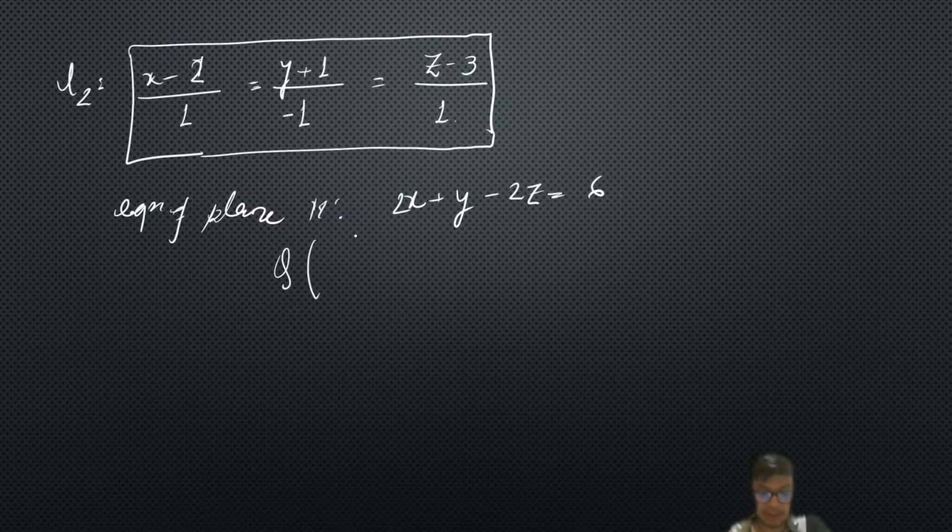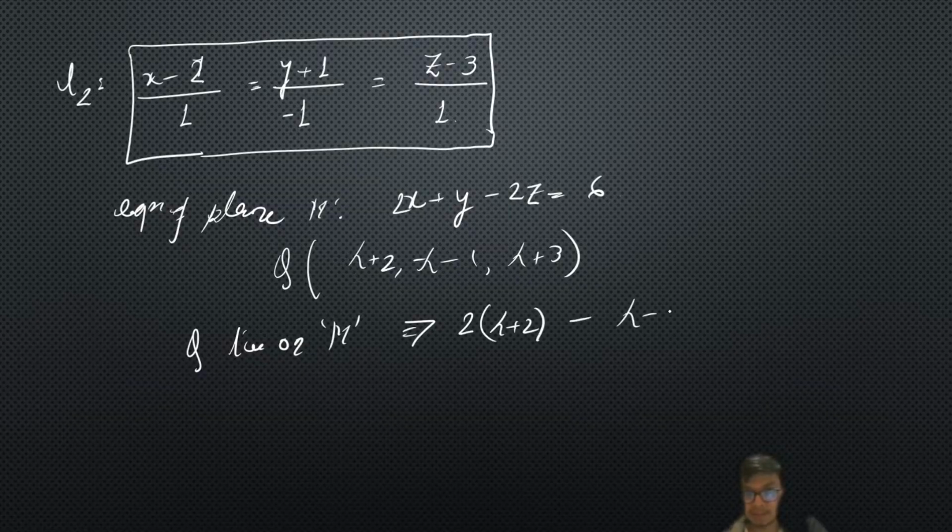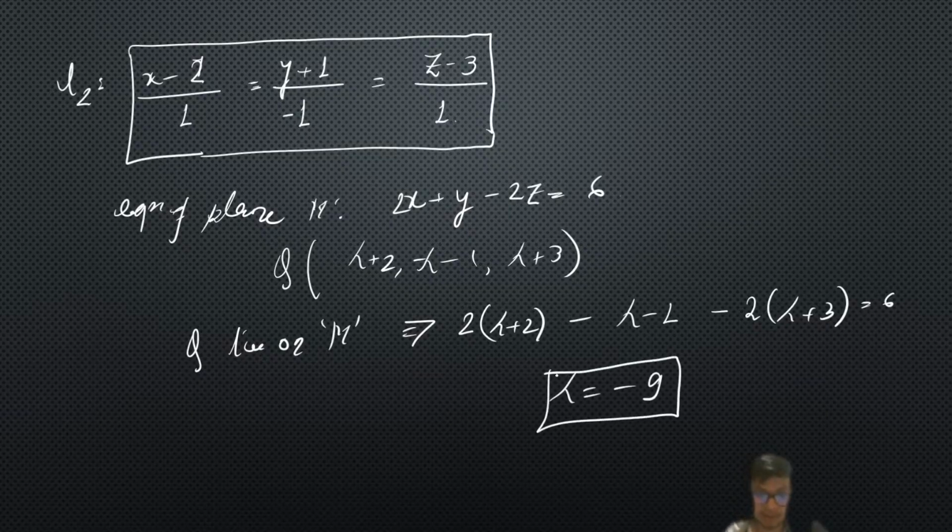I can assume the coordinates of Q as (lambda plus 2, minus lambda minus 1, lambda plus 3), and Q lies on M. So from there I can find the value of lambda: 2 times (lambda plus 2) plus (minus lambda minus 1) minus 2 times (lambda plus 3) equals 6. Solving this, lambda comes out as minus 9. That gives my coordinate Q as (-7, 8, -6).